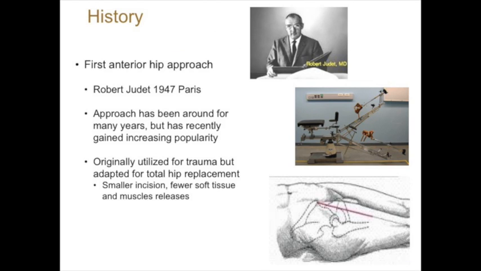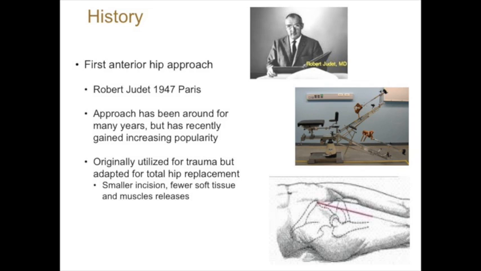There's been a lot of press about anterior approaches from word of mouth and in news and literature, and patients asking about it, and a lot of people are under the impression this is a brand new approach. This has actually been around for a long time. It was initially used in trauma procedures, and it's been adapted to hip replacements.